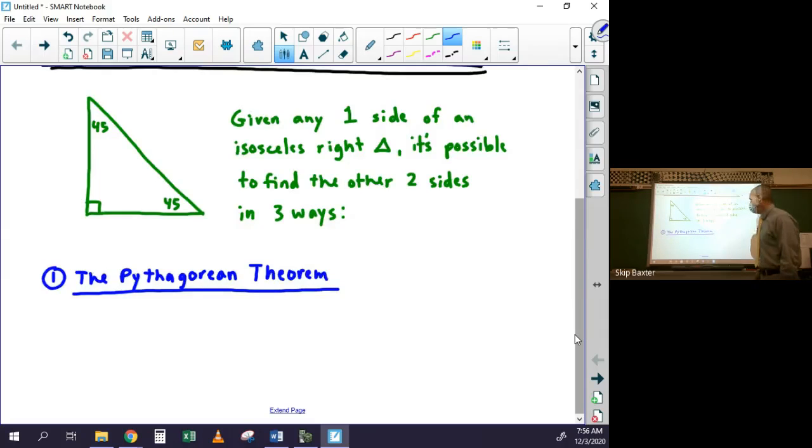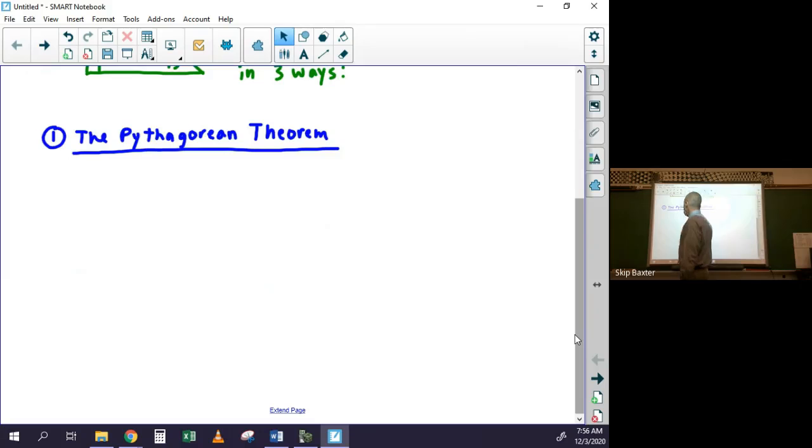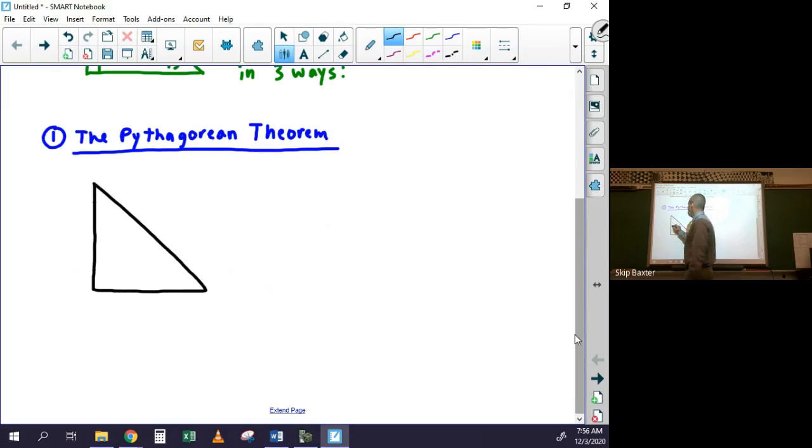For example, if I had an isosceles right triangle like this, and I told you that the length of one of its legs was 5, you could find the missing sides, no problem, right?